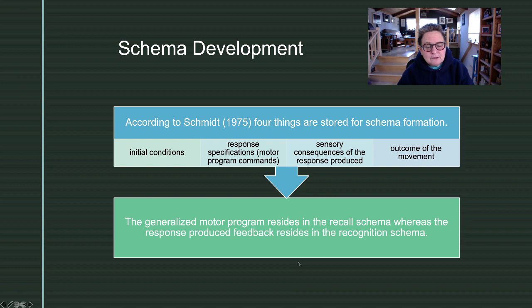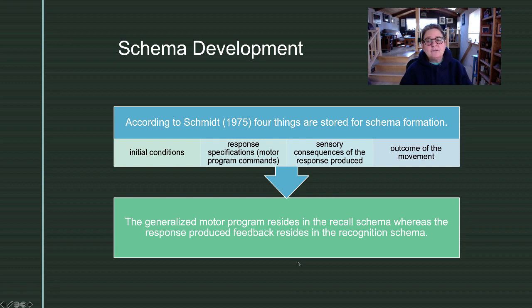According to Schmidt, the generalized motor program that we talked about in terms of what is stored resides in what's called the recall schema. The recall schema is associated with the motor plan, whereas the response-produced feedback, which would be the proprioception that we've talked about, resides in the recognition schema.